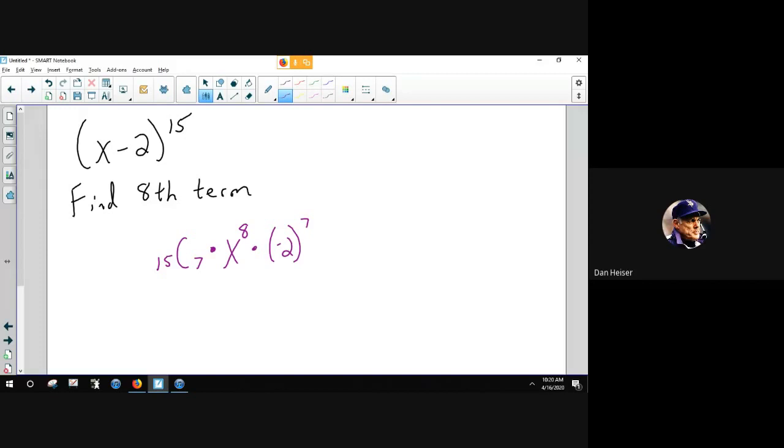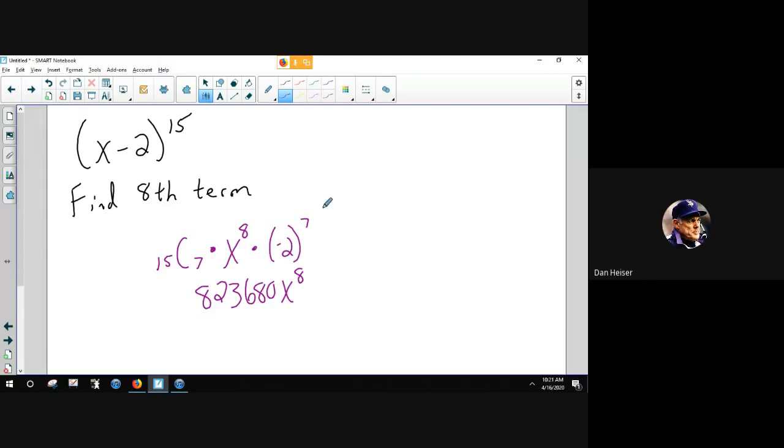And now it's just a matter of finding the coefficient, which will be 823,680 x to the 8th. A little big. We did that in under a minute. Find one specific value of this expansion.